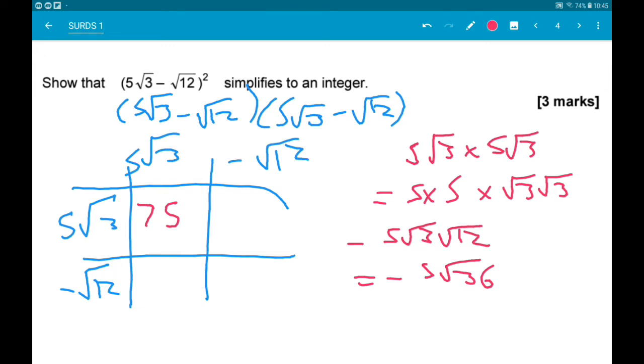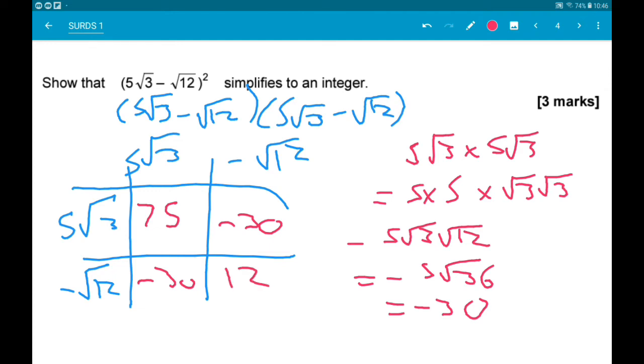Root 36 is 6, so we have minus 5 times 6, just minus 30. So this is minus 30, and so is this guy. And then the last one, we have minus root 12 times minus root 12. So that's going to be positive, negative times a negative. So root 12 times root 12 is 12.